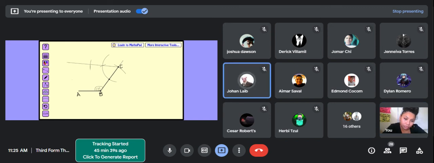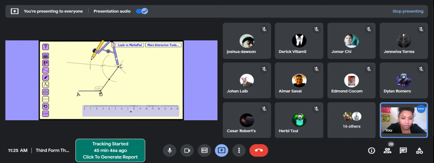Miss, repeat, miss. You are gonna open your compass to 4.6 on your ruler. Once you open to 4.6, you're gonna put it at C, and then you're gonna draw an arc on the line.